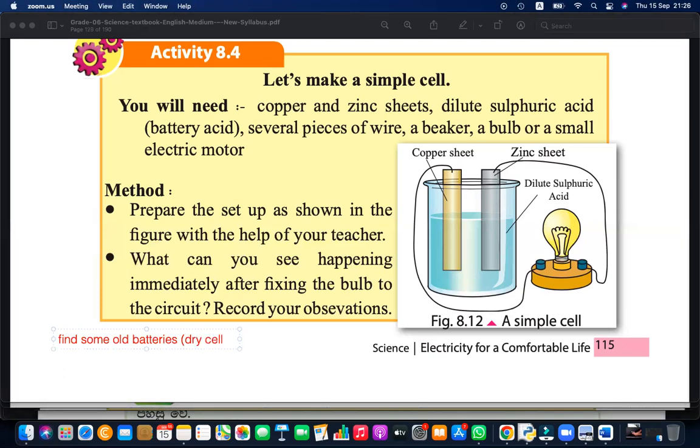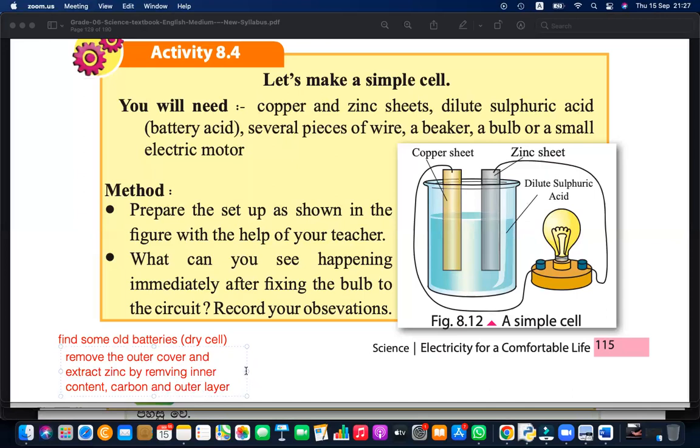Dry cell batteries, AA, double A, triple A. Then remove the outer cover and extract the zinc by removing the inner content, the carbon and the outer layer.